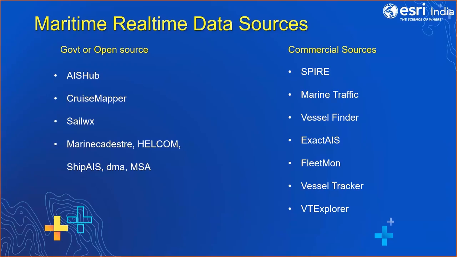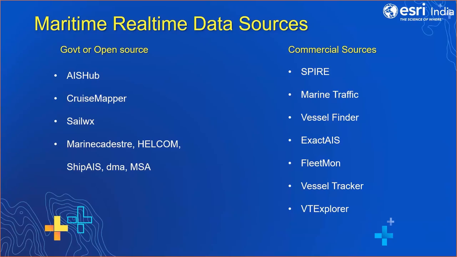These are different government agencies who provide maritime information or AIS information for specific areas. And AIS Hub, Cruise Mapper and Sail VX are global feeds, available either from government or open source.